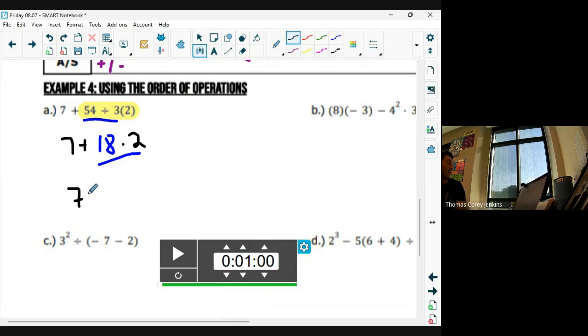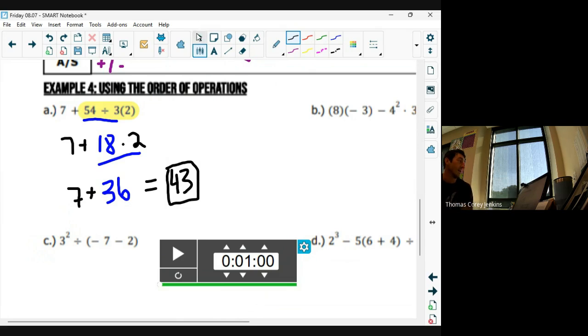So 7 plus 36. Now we can go ahead and add to get my final answer, which is what? 43. Very good. Go ahead and put 43. If you have room underneath, you can write it underneath. I ran out of room, so I just put an equal sign. Anybody have any questions?